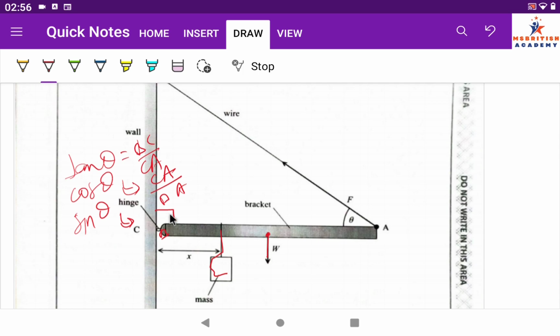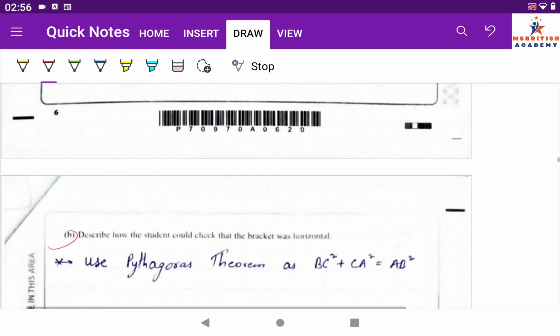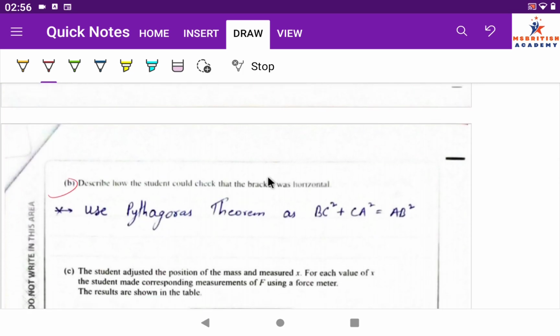If it is 90 degrees, then the square of the wall length plus the square of the bracket length should be equal to the square of the length of the wire. So you can use the Pythagoras theorem to prove that the bracket was horizontal. Use the Pythagoras theorem as BC squared plus CA squared equals AB squared.